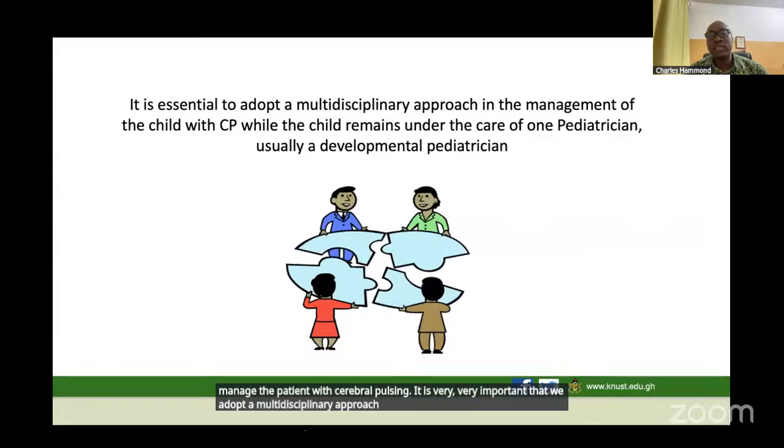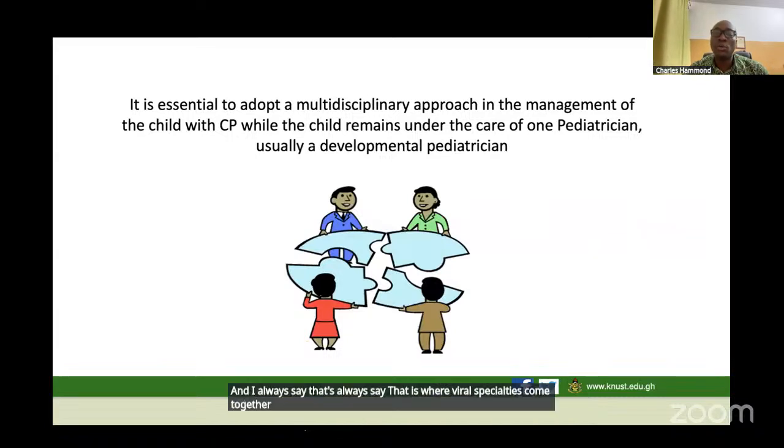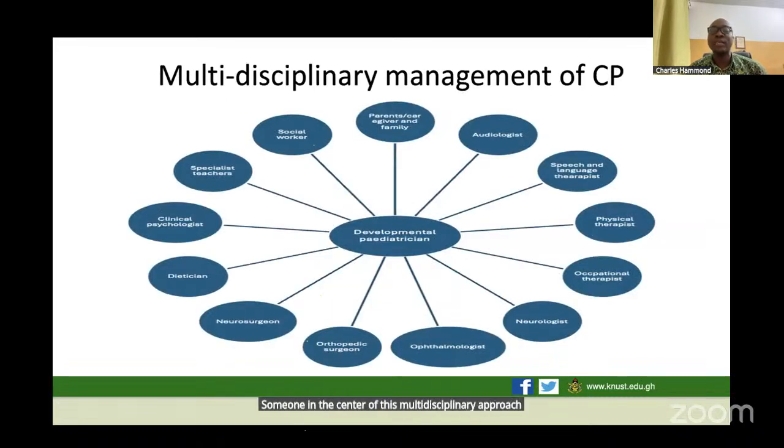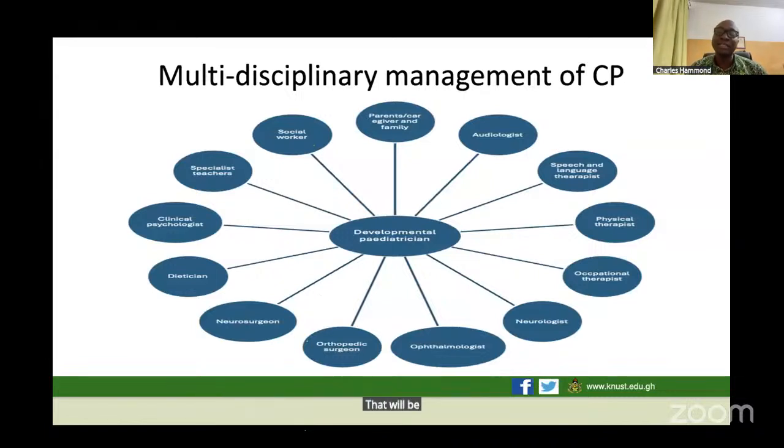That is where various specialties come together to manage one child, because the child will come with a package of problems, and no one person can manage all of them. But there should be someone who is coordinating the care, someone in the center of this multidisciplinary approach. In places where they have a lot of developmental pediatricians, that will be the developmental pediatrician in the center of the care of the child with cerebral palsy.